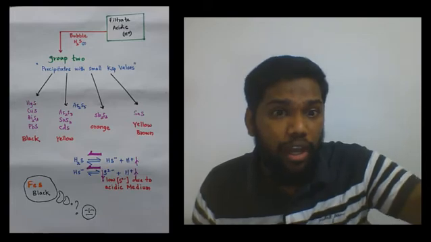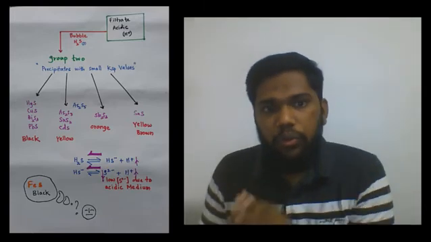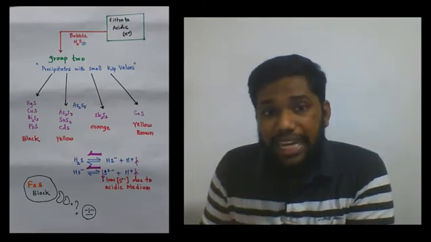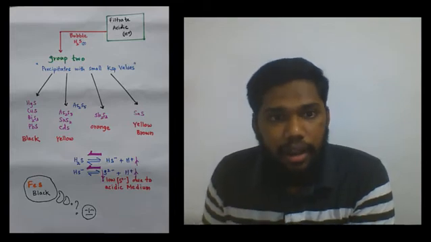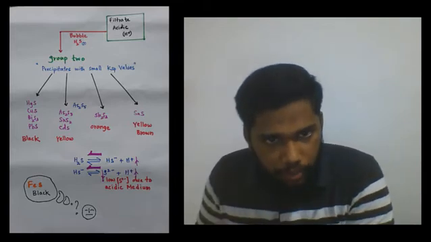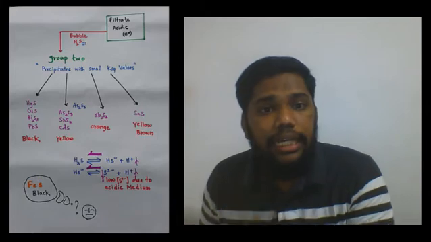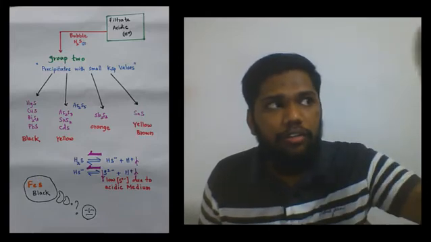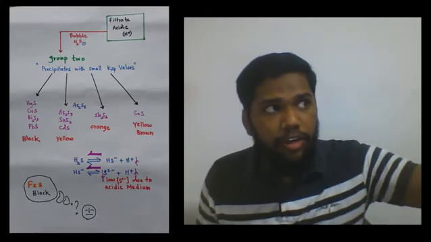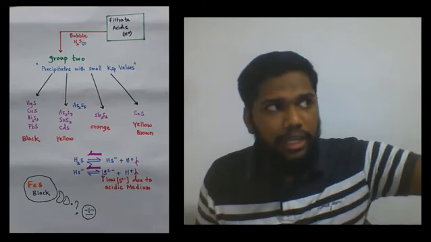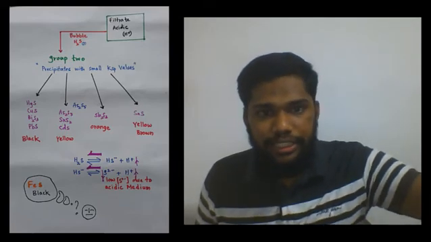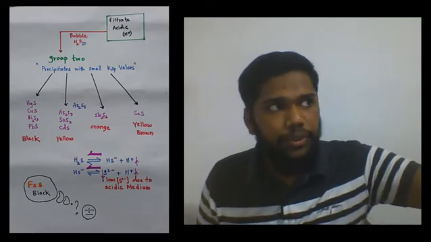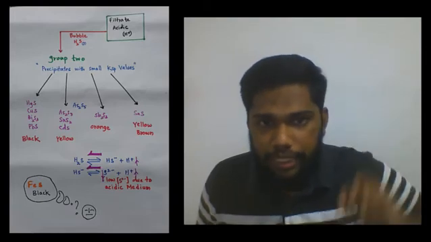That is the book value Ksp. So this ionic product did not exceed the book value for Ksp. The book value for Ksp is for 1 mole. That is the minimum ionic product needed to precipitate out.